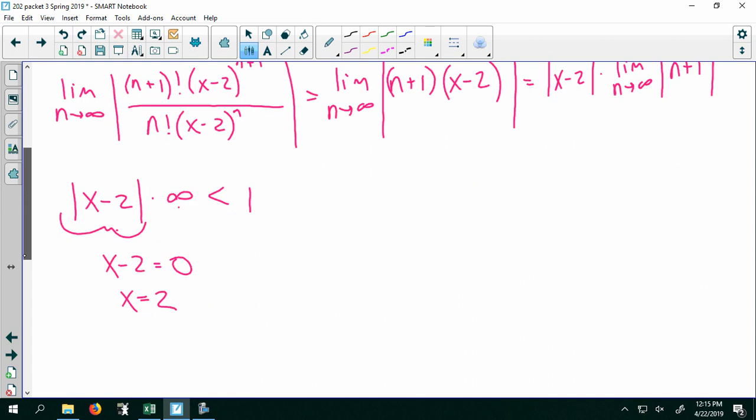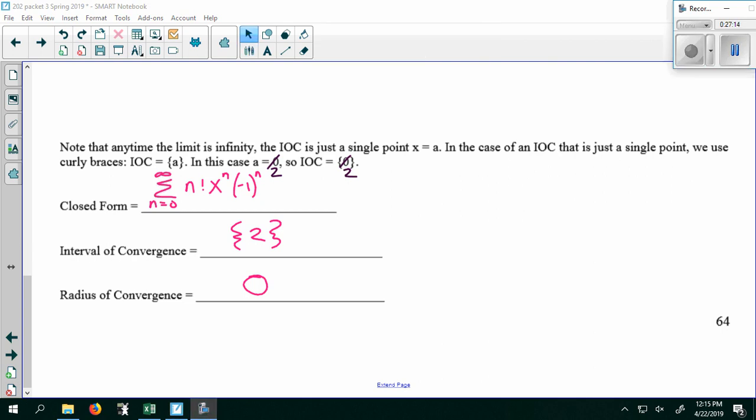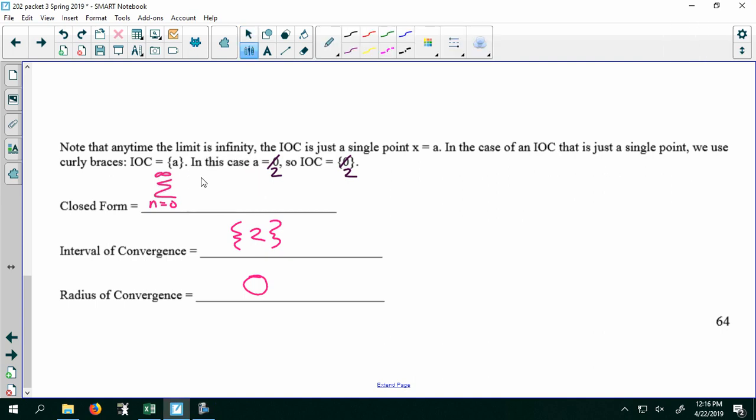Yep, that works. Okay, little mistake in my closed form. That's not just x to the n, it's x minus 2 to the n. Just rewrite that. So this is n factorial times x minus 2 to the n times -1 to the n.